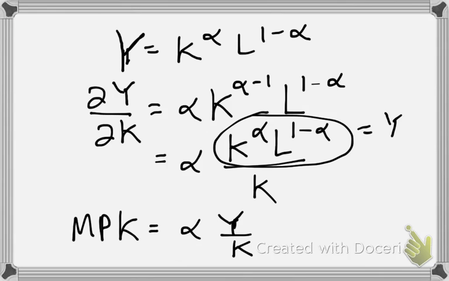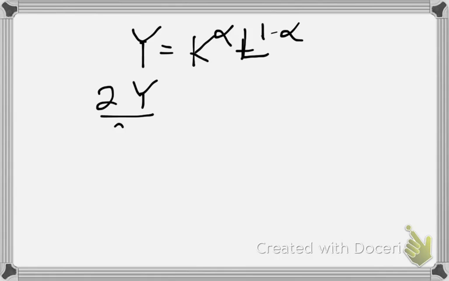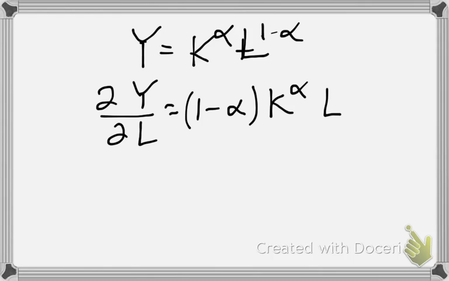Likewise, we can write y equals k to the alpha, l to the 1 minus alpha, and we want to find the partial derivative of y with respect to l. That's equal to 1 minus alpha times k to the alpha l to the minus alpha, if you remember how to take derivatives with an exponent.